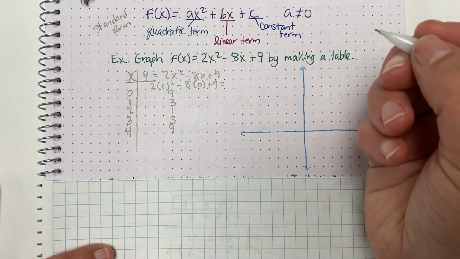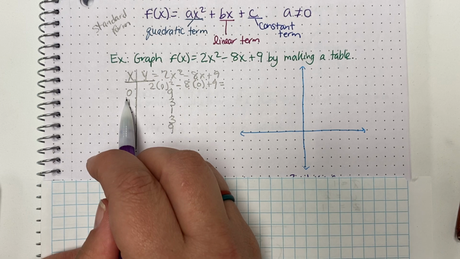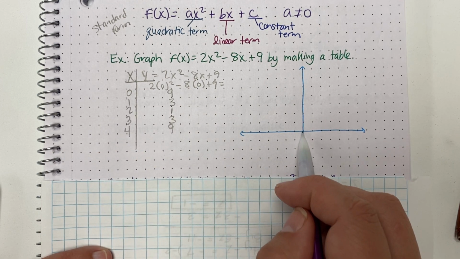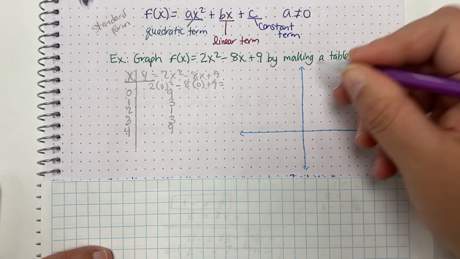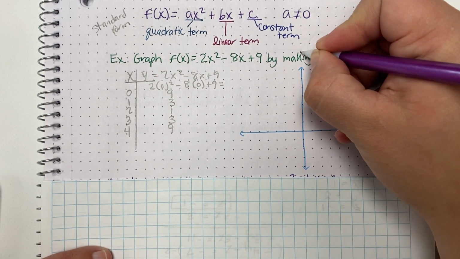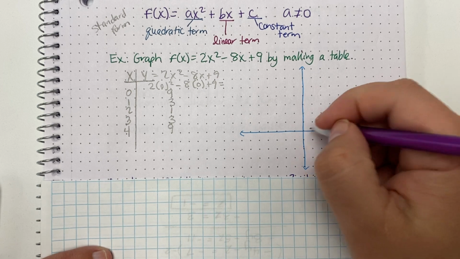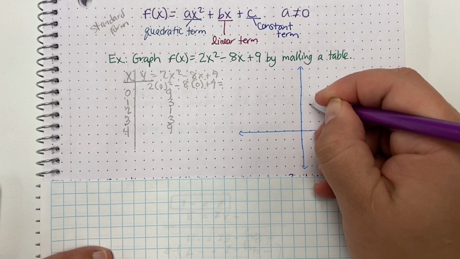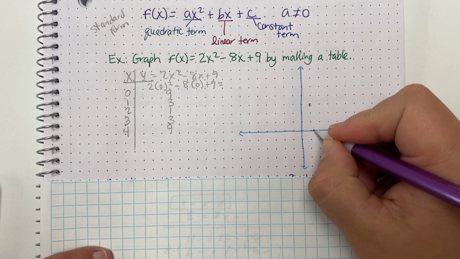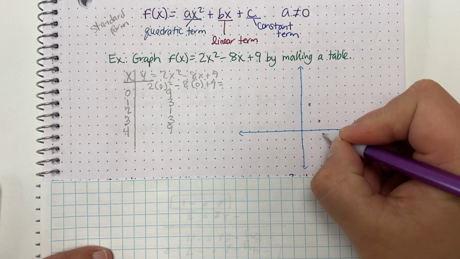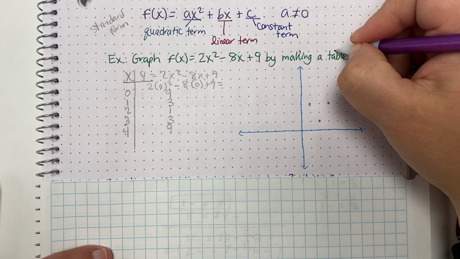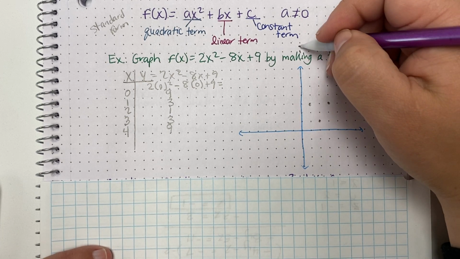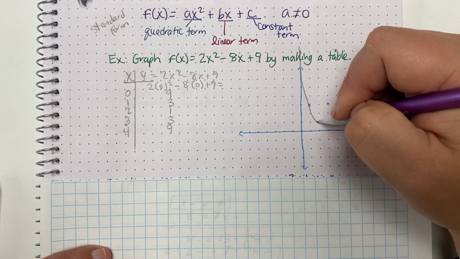Okay, so these points, this is going over to 0 and up 9. So 1, 2, 3, 4, 5, 6, 7, 8, 9. Okay, 1, 3, 2, 1, 3, 3, and 4, we'll go back up here to 9.